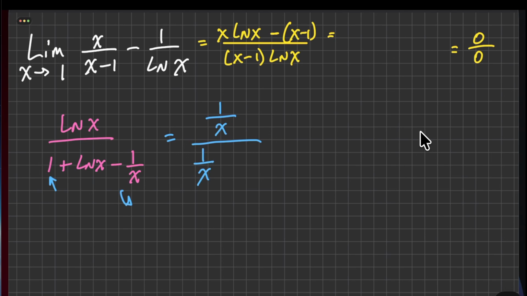Derivative of ln of x is 1 over x. Now I'm going to change this to minus x to the minus 1, and I'm going to do the power rule. So that's going to end up being plus x to the minus 2.